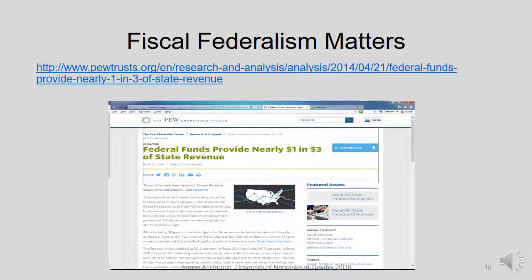I'm not going to dwell on it, but this chart, I have a link there, is from some Pew Research. And basically look at the headline: federal funds provide nearly $1 in $3 of state revenue. So this is a great little piece from Pew that you should take the time to look at. You have to do it on the PowerPoint version of the presentation, but this provides you a lot of background on how intertwined federal funding and state funding are.